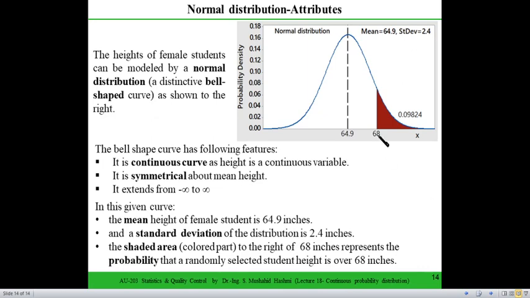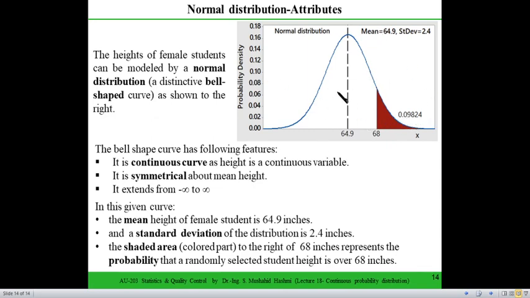This shaded area represents the percentage of females, or the probability of finding a female, whose height is greater than 68 inches: 9.84%. If I have to calculate the probability of less than 68 inches, it would be 1 minus 0.09824.